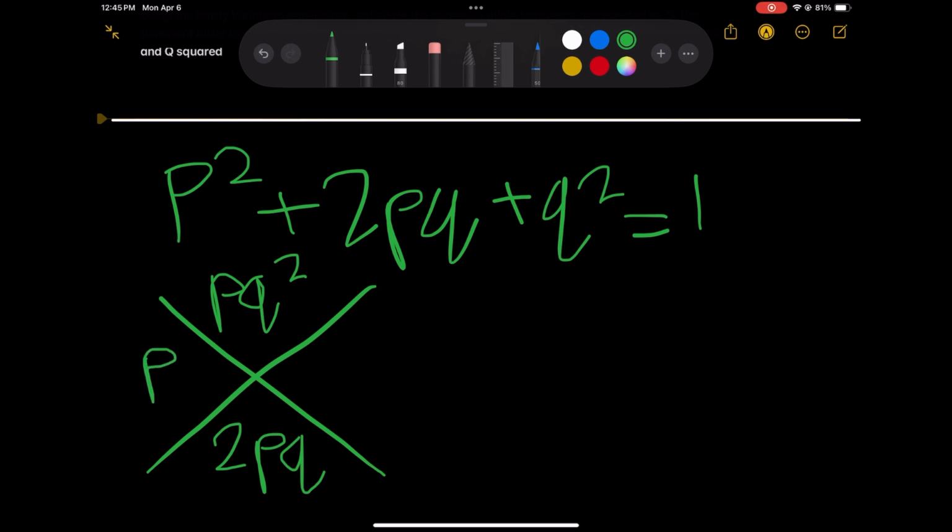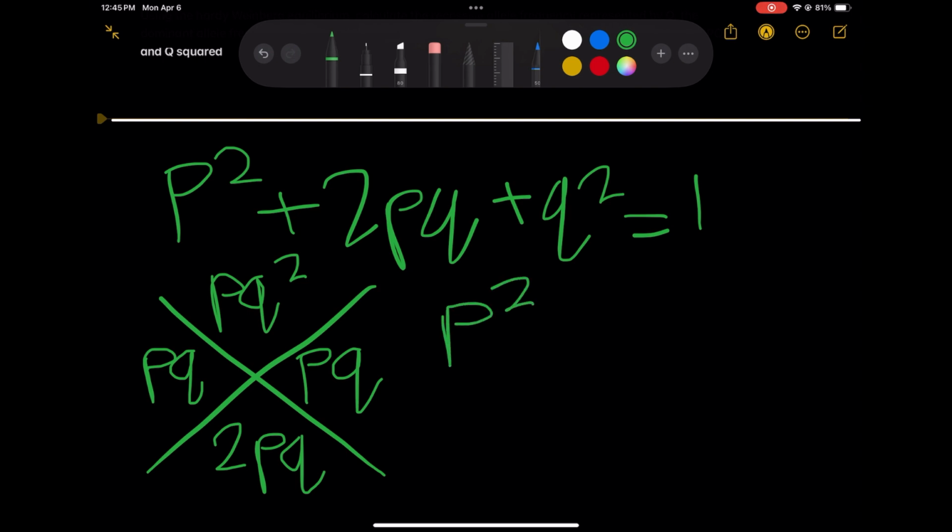So it's pretty obvious that if you put pq and pq on both sides, this is right, because pq times pq is p squared q squared, and pq plus pq is 2pq.